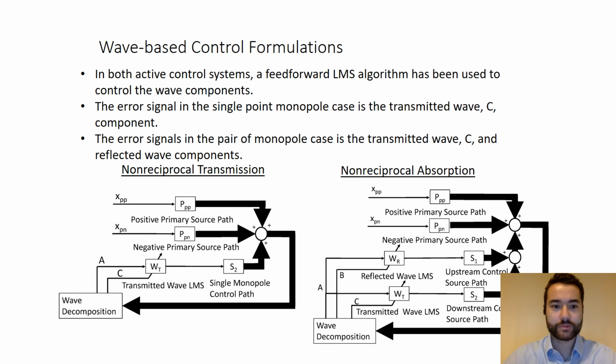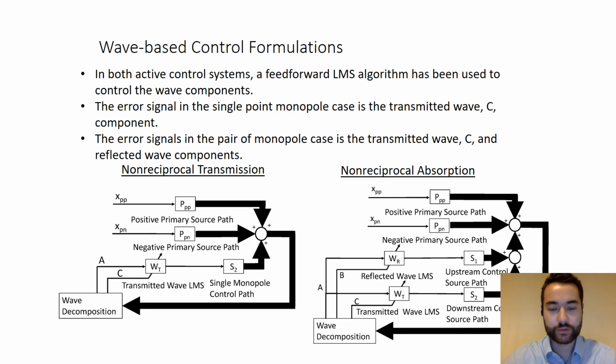Here I'm going to briefly explain the two proposed active control systems for non-reciprocal acoustics. For conciseness, I've not included the derivations of these equations, however these can be found in the paper. In both the active control systems, they use a feed-forward FxLMS algorithm, which is used to control the wave components.